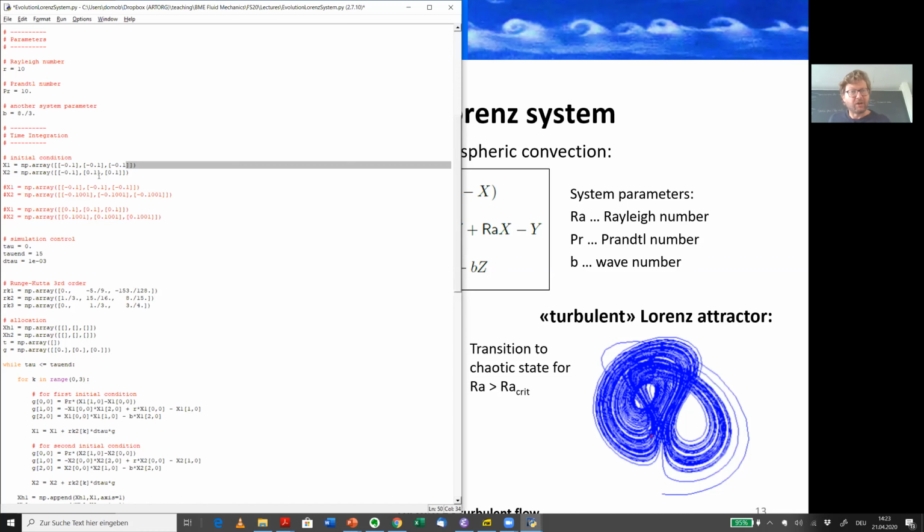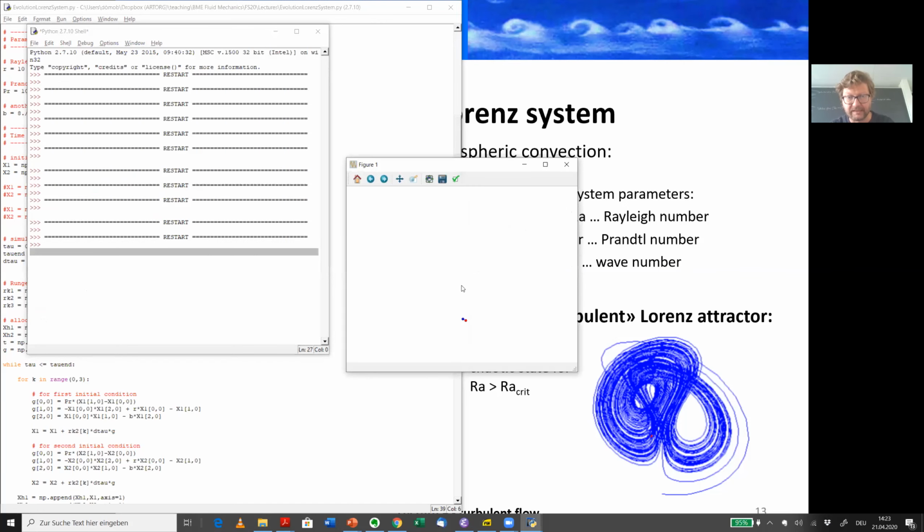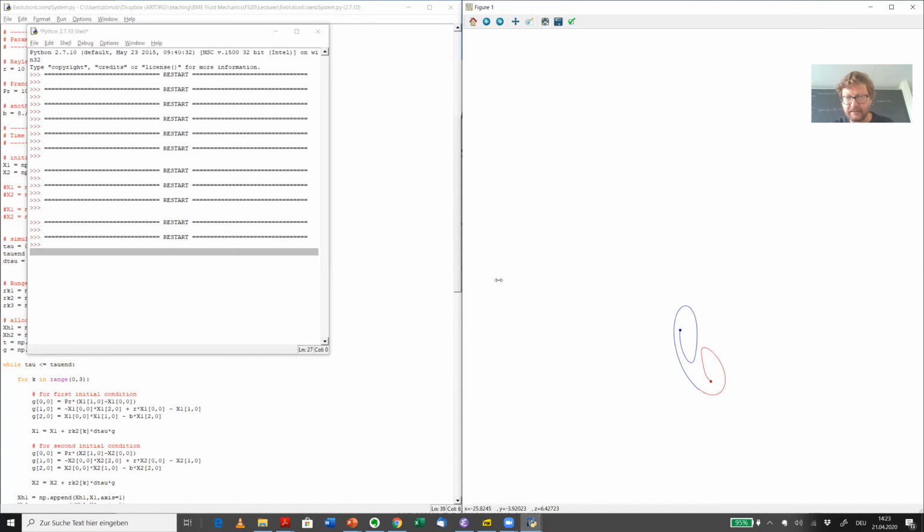That point is almost the same location, also minus 0.1, but here it's a plus 0.1, and the z coordinate is also a plus 0.1. So two points at different x, y, z locations, and then we let the little Python code integrate or solve that system of equations and see where these points are moving. Let me just start that. And what you should see in a second, yes, here are these two points.